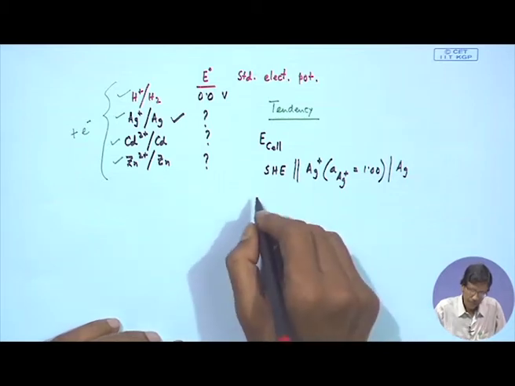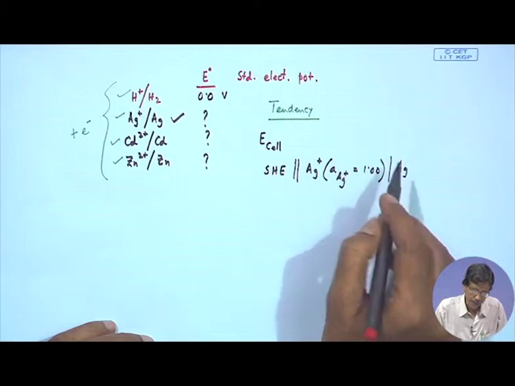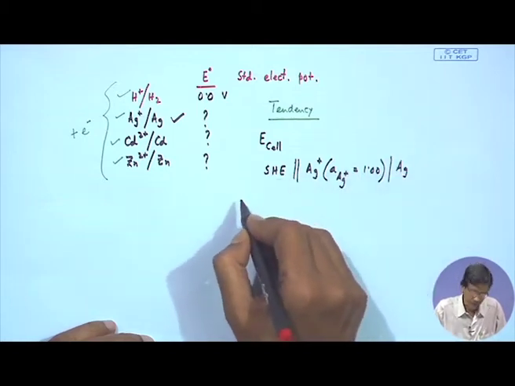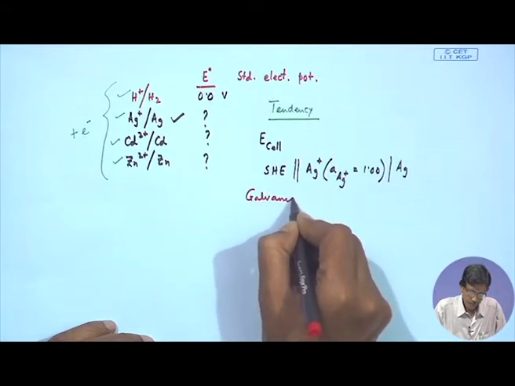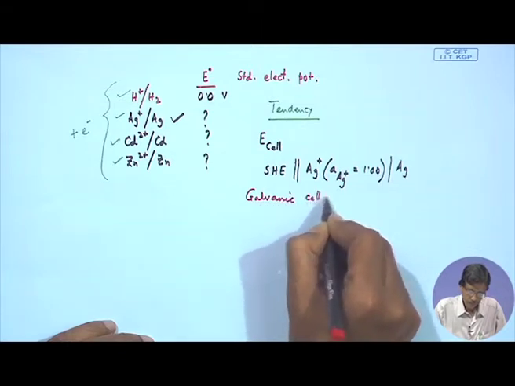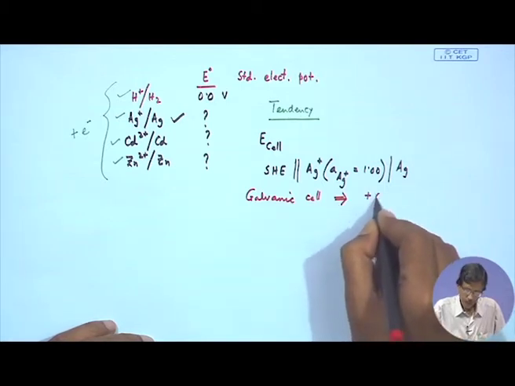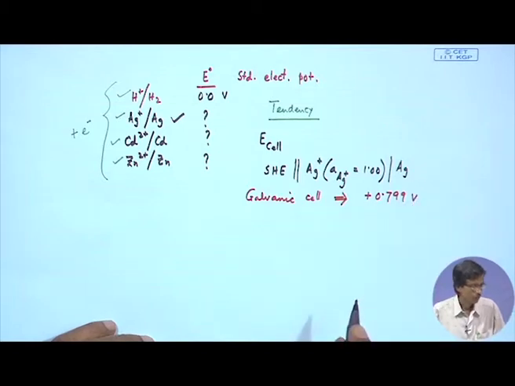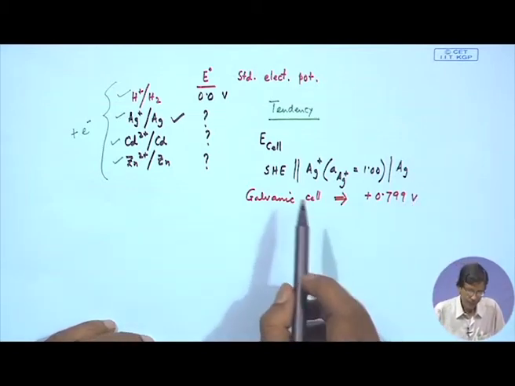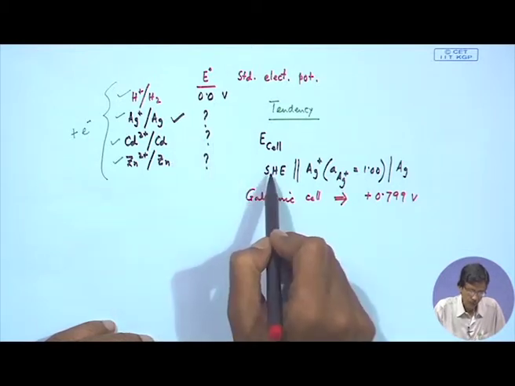When the circuit is open, it is not an electrolytic cell, but it is the galvanic cell. The galvanic cell will record the corresponding potential, which is plus 0.799 volt.